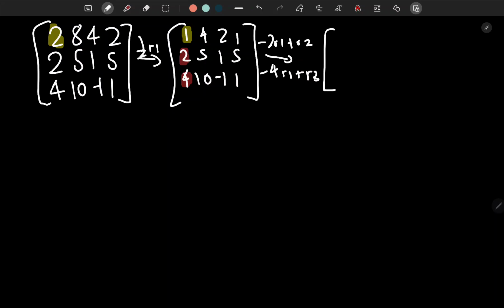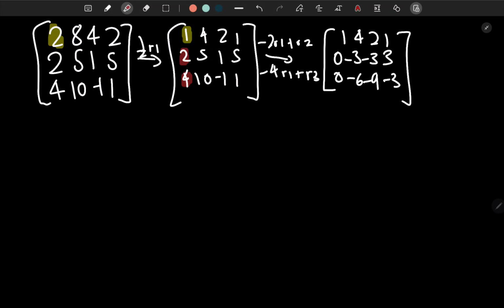And we are going to be left with the first row staying the same. The second row is going to be 0, minus 3, 3, and then 0, minus 6, minus 9, and then negative 3.